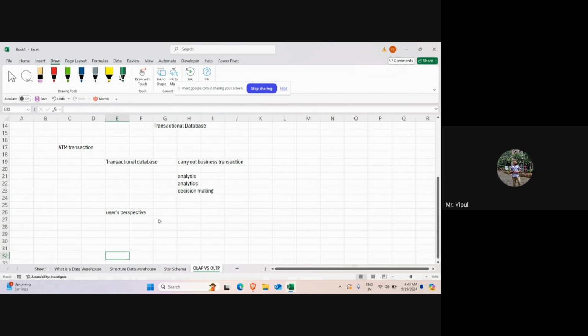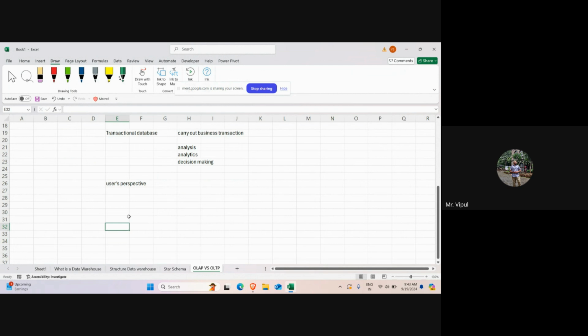So to understand the difference between the transactional database and the data warehouse database, we'll understand its purpose first.